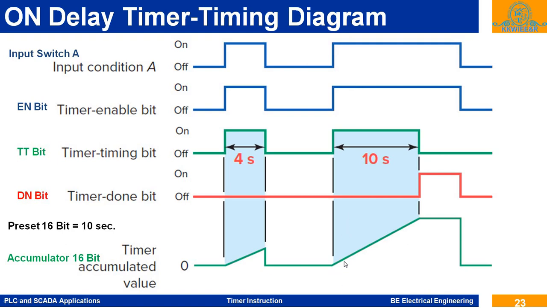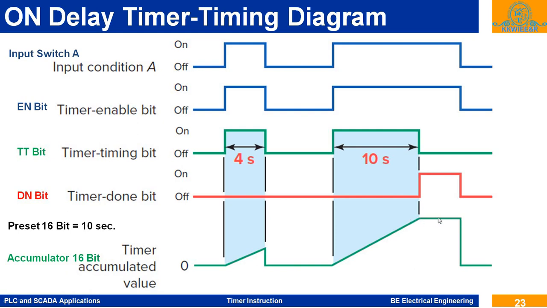So 0, 1, 2, 3. Our preset value is 10 seconds, so the accumulator keeps incrementing: 8, 9, 10. When the accumulator count of 10 is equal to the preset value, it stops incrementing.